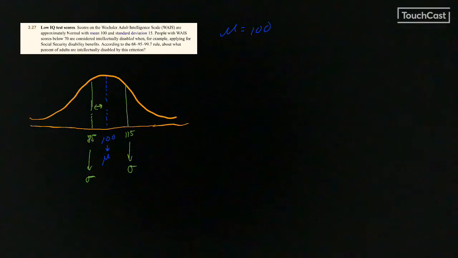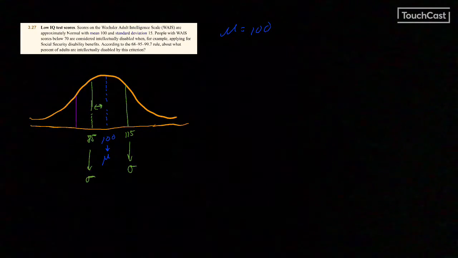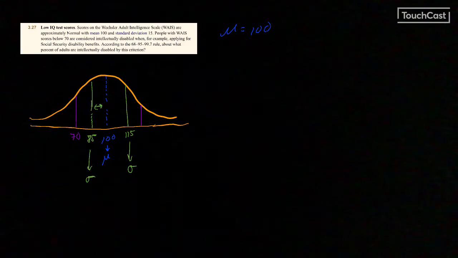Now if I go out one more, out here, this is going to be two standard deviations, so this is going to be 70. So it's 85 less 15. Or you could say 100 less 2 times the standard deviation, so 100 less 30.